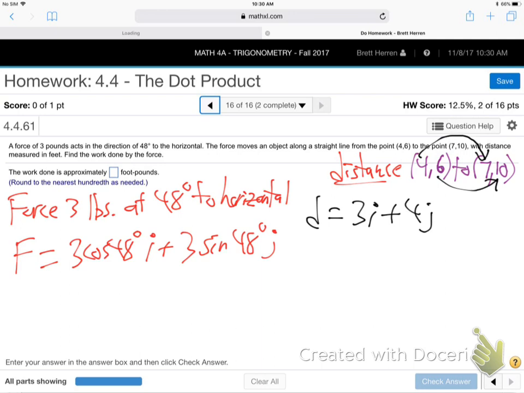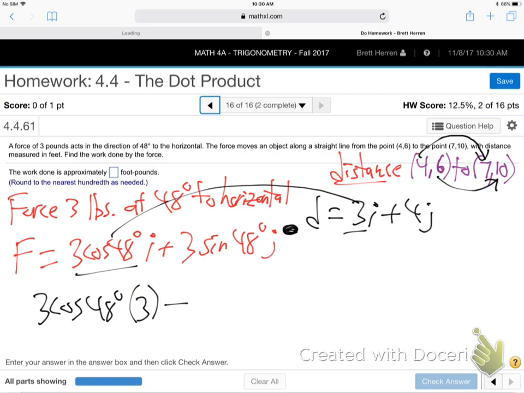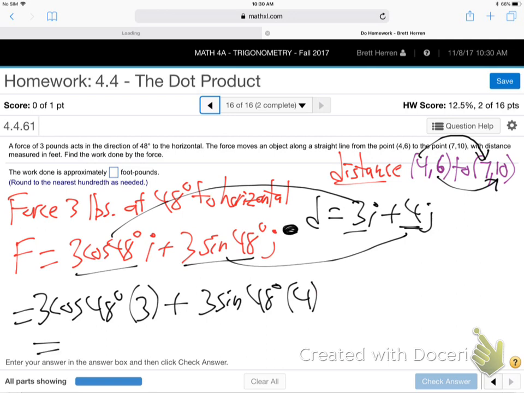Now we're going to dot these two, which means the x times the x. So that'll be 3 cosine 48 times 3, plus 3 sine 48 times 4. There's the work done.